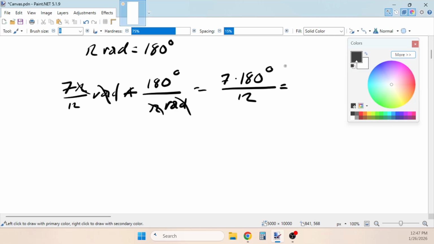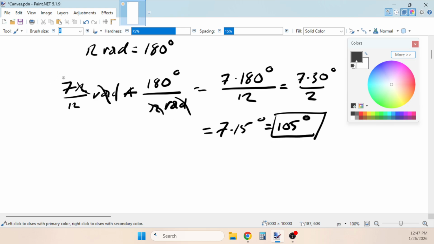I can cancel a 6 from the top and the bottom. That gets me 7 times 30 over 2 degrees. And I can cancel a 2. That gives me 7 times 15 degrees, which is 70 plus 35, is 105 degrees. That is the same as that.